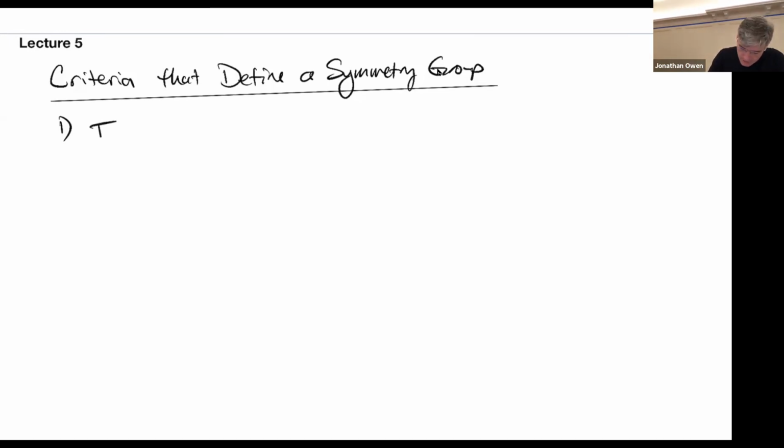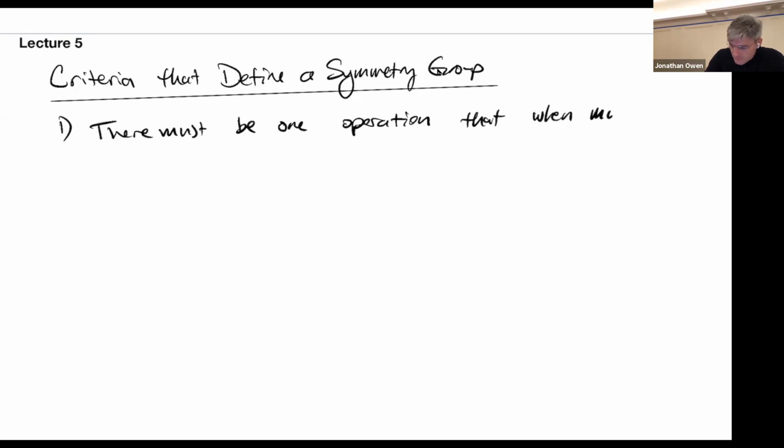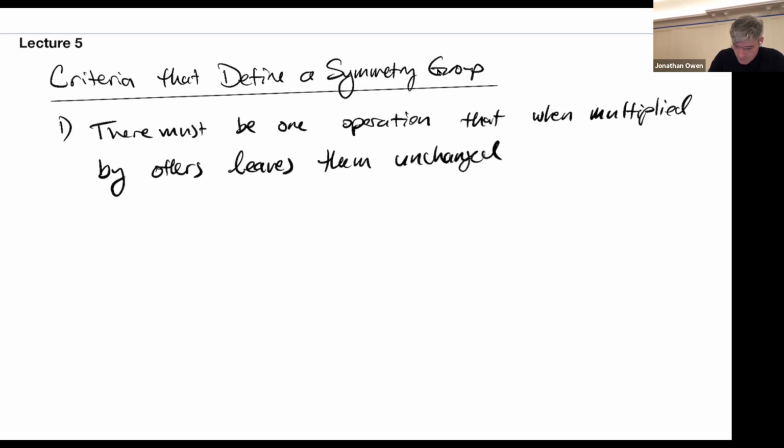Okay, so you have to have one operation that returns all the others. So this is the identity.